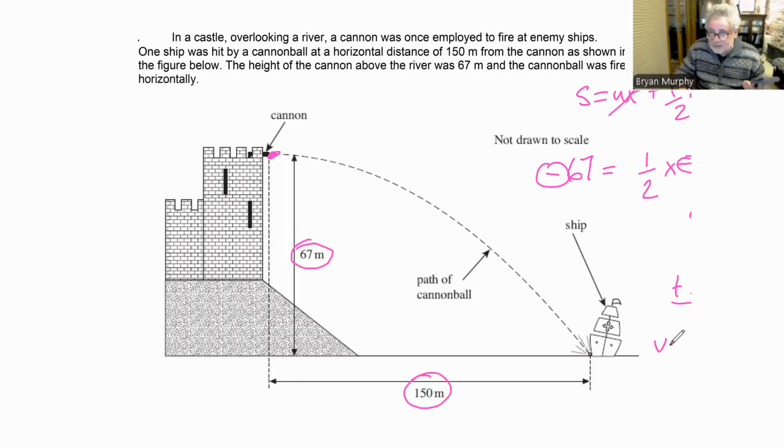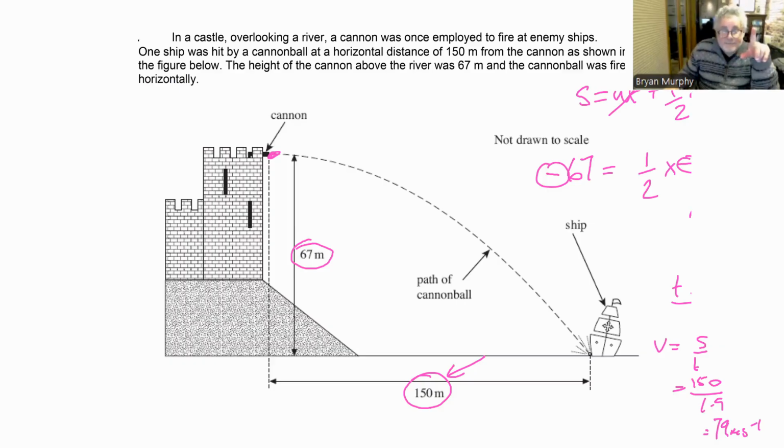So the velocity horizontally is S over T, 150 over 1.9, which is 79 meters per second. I'm not sure about that. That is what I think its horizontal velocity is.